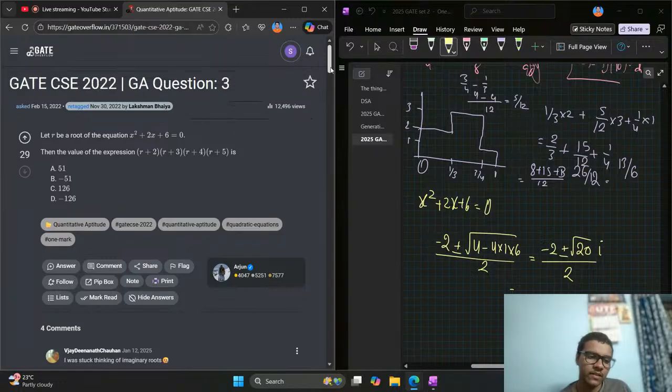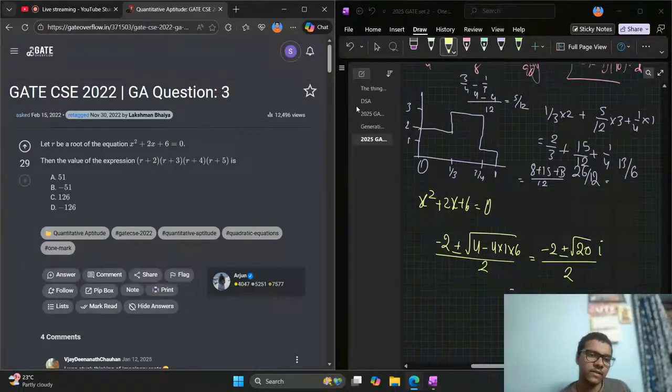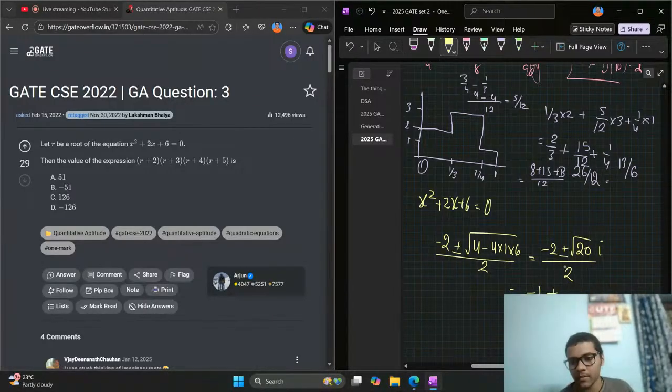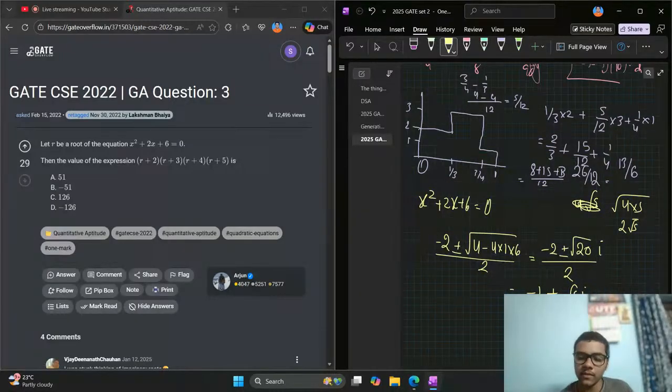I was stuck thinking in imaginary root, so that's not the answer. Let's see. Minus 1 plus or minus, right? Root 20 is like 4 into 5, that's 2 root 5. 2 cancels, plus or minus root 5i.